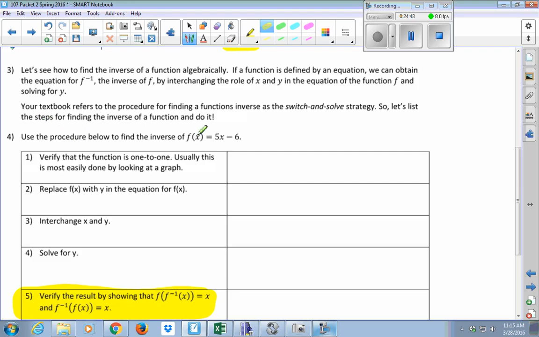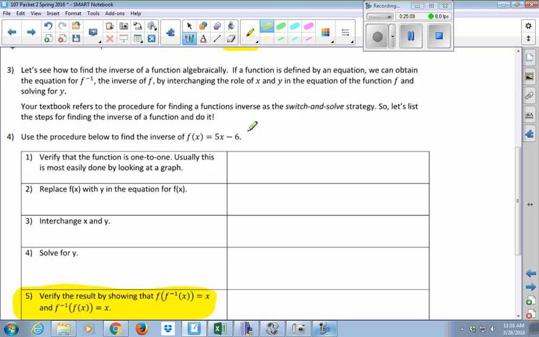So if I ask you to find the algebraic inverse of this function, f of x equals 5x minus 6, first you should visualize or pull out GeoGebra or pull out a graphing calculator if it's complicated to see if it's 1-to-1. Well, this is a straight line. It's always increasing, so we know this is 1-to-1.